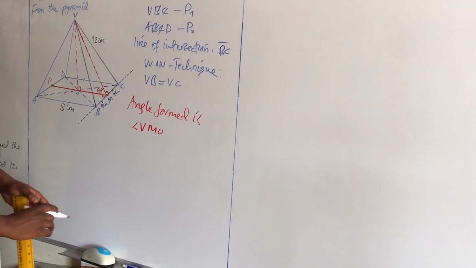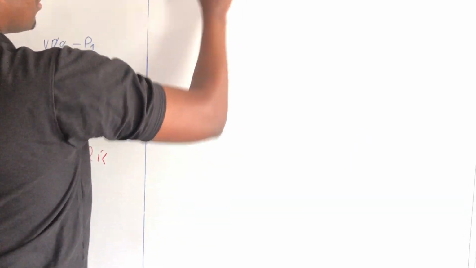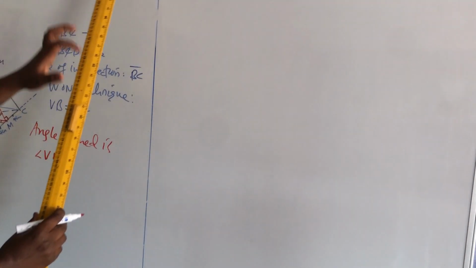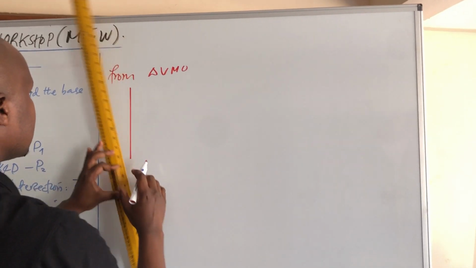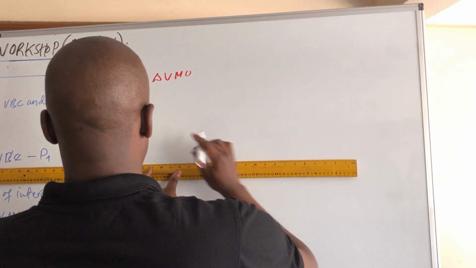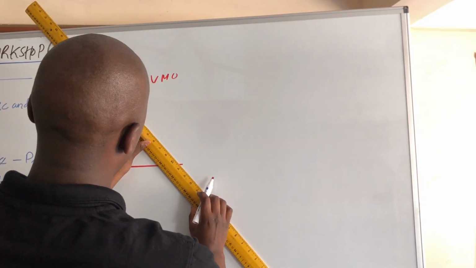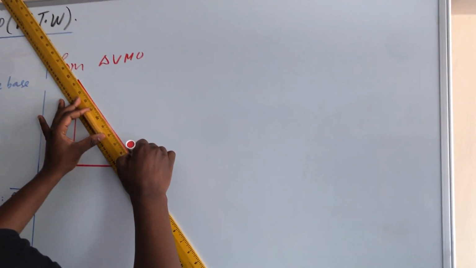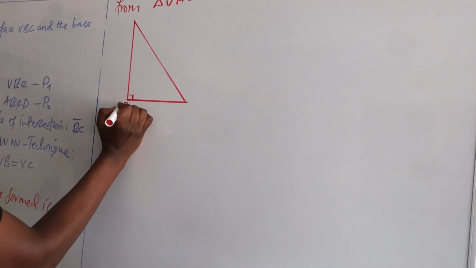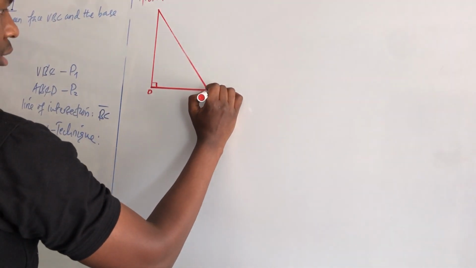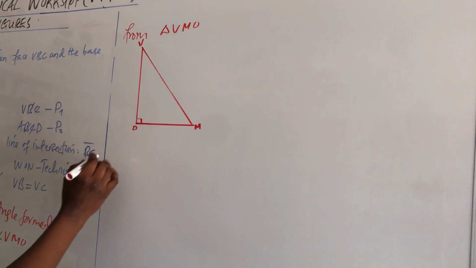And then from triangle VMO, we can just draw here. So the right angle is here at point O, and here is M, and here is point V.